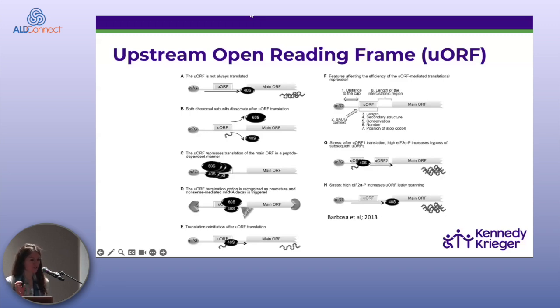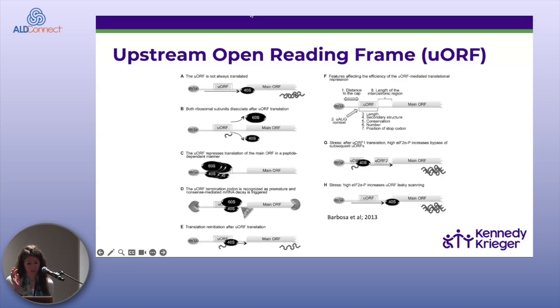So these are regulatory areas that can affect expression of a gene or protein that you're interested in. Only about 50% of genes have an upstream open reading frame. ABCD2, fortunately or unfortunately, is one of those genes that does have this highly regulatory area.